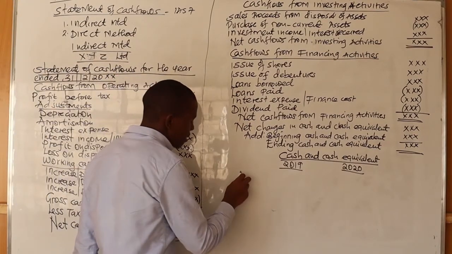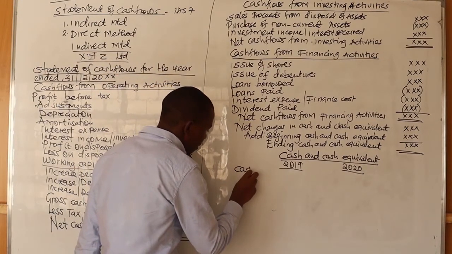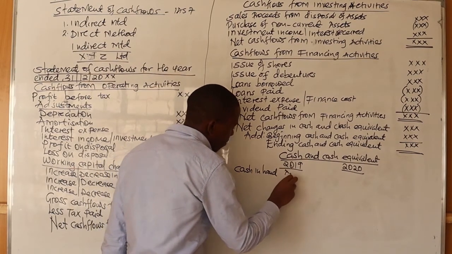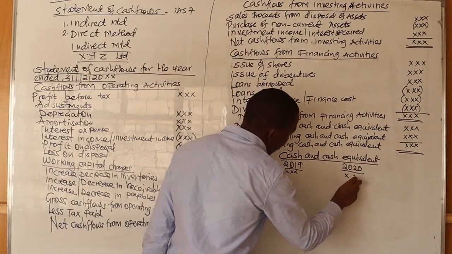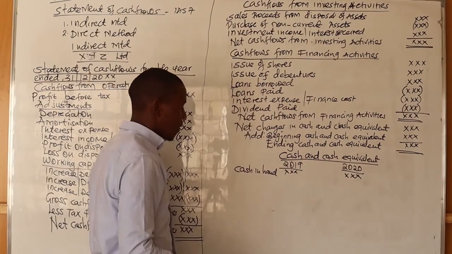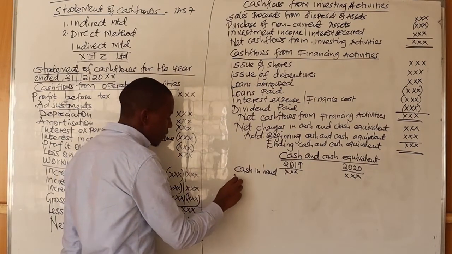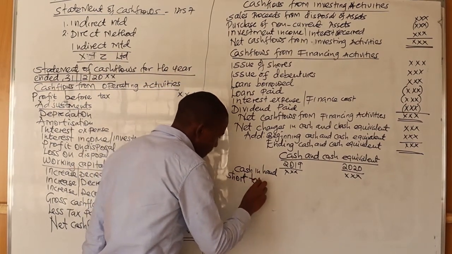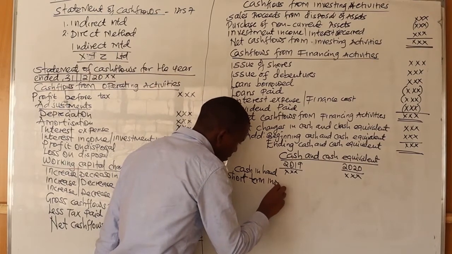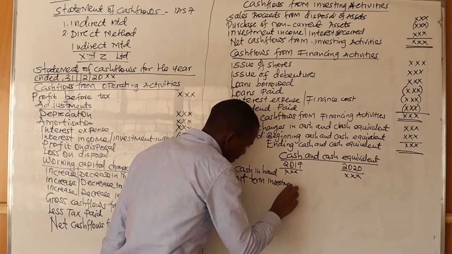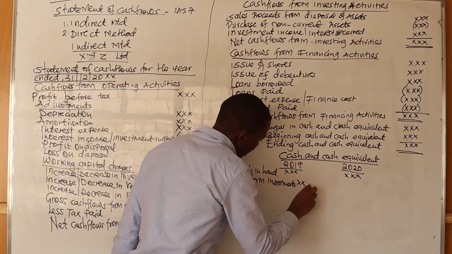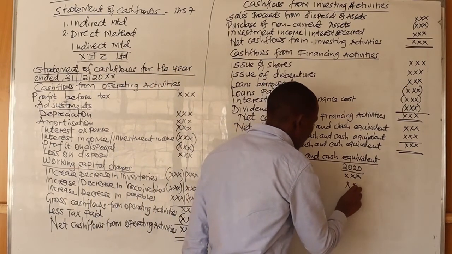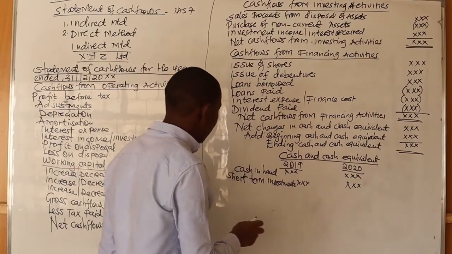Whereby you can have the cash in hand. You will put the beginning and also the ending. Then we'll also have the short-term investments. Short-term investments are also part of this. So you will also have the beginning and the ending.